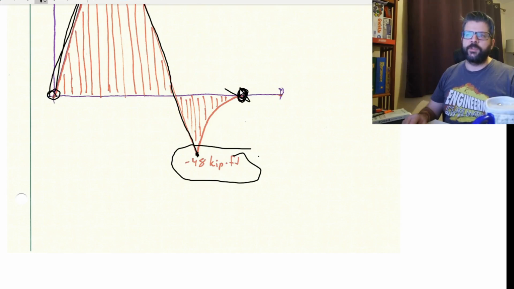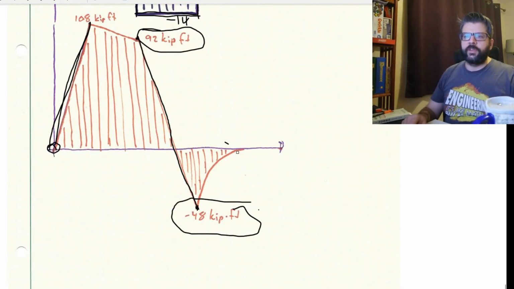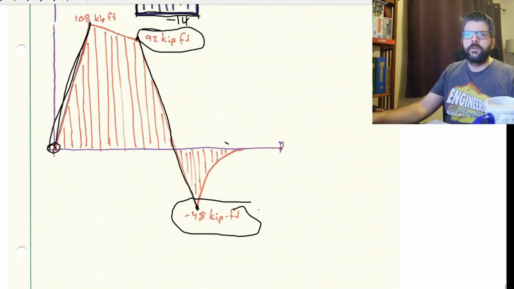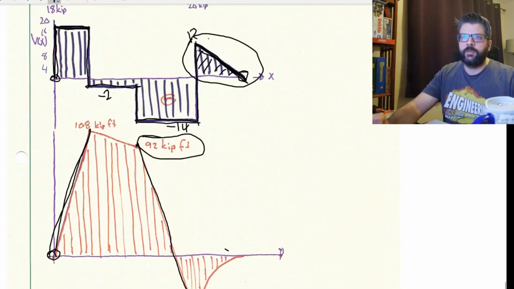The shape of the line from here to here is going to change based upon what is going on with the shear.